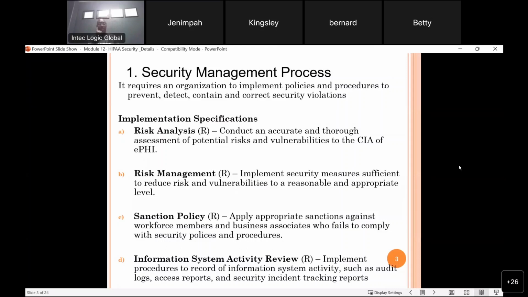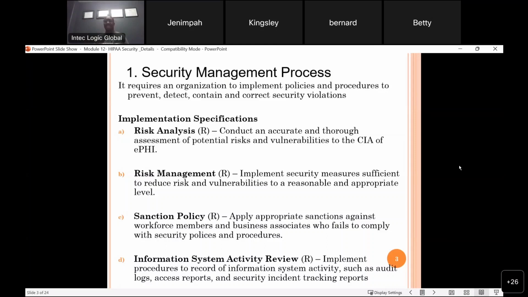So when we talk about security management process, by the way, those controls that you have started working on, right? If you have started working on it, some of these terms are not going to be new to you at all. We are going to go through some of them.